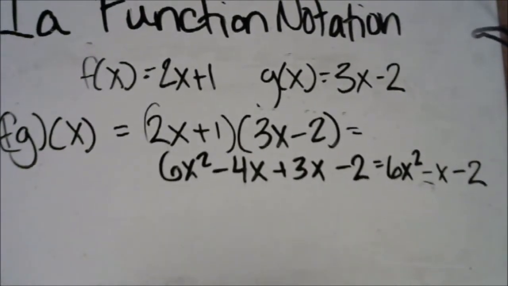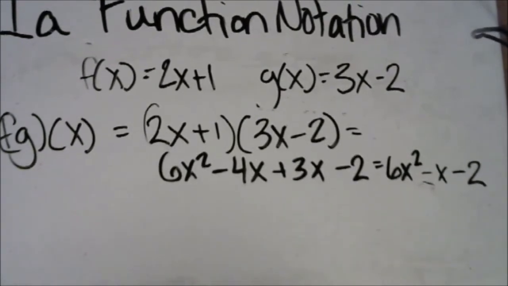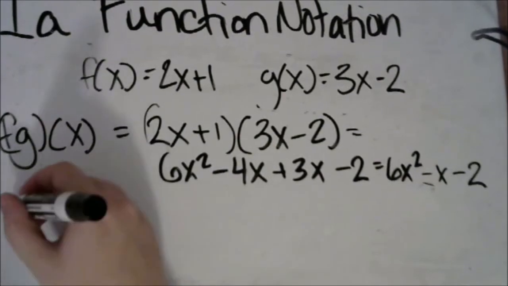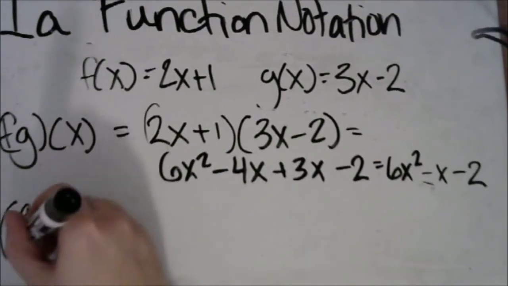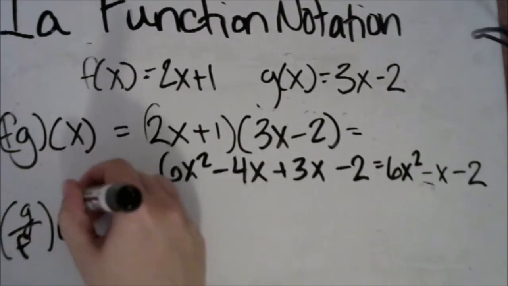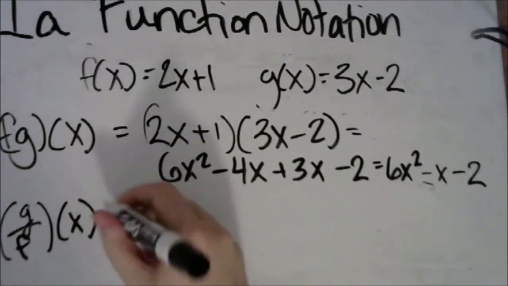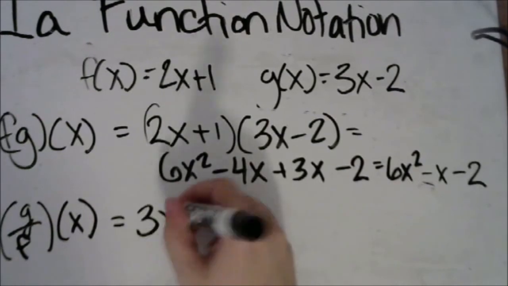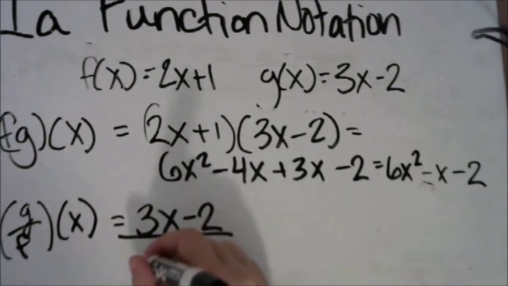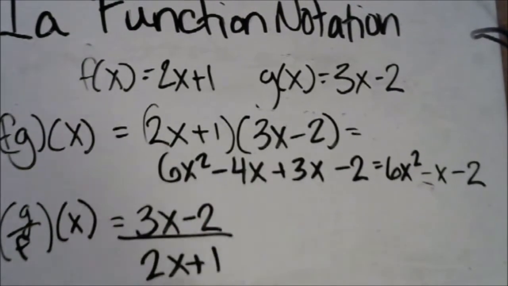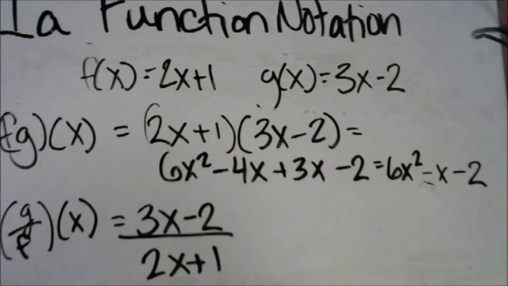The amount of simplification expected for you on quotients is not as intense as the amount of simplification expected for addition, subtraction, and multiplication. So let's take a quotient where g is in the numerator and f is in the denominator. G is 3x minus 2, f is 2x plus 1. Since neither of these expressions have any factors in common, you would not be expected to simplify this particular expression any further.